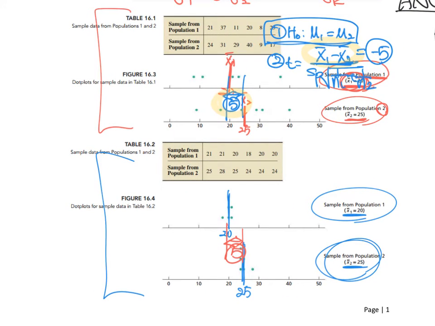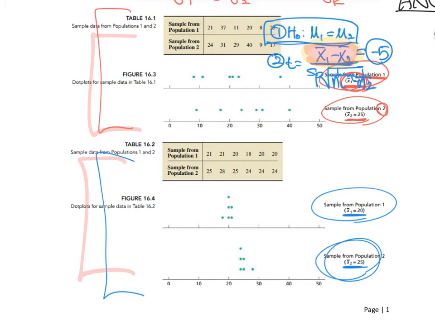Let me erase everything. Okay, now when I compare only the difference between the two sample means, example number 1, example number 2, both of them is negative 5.